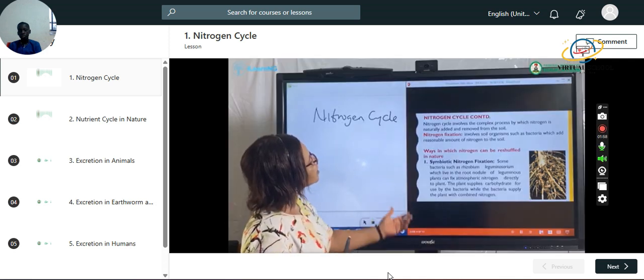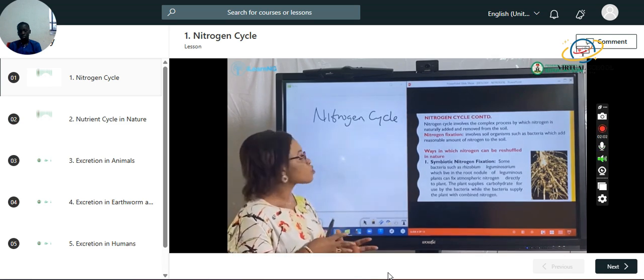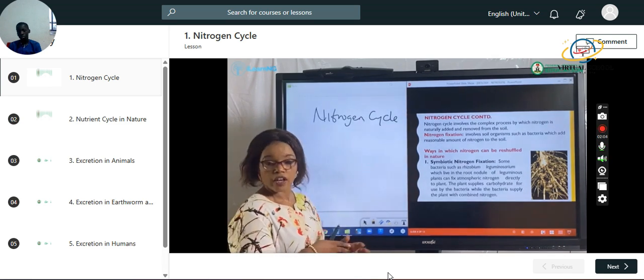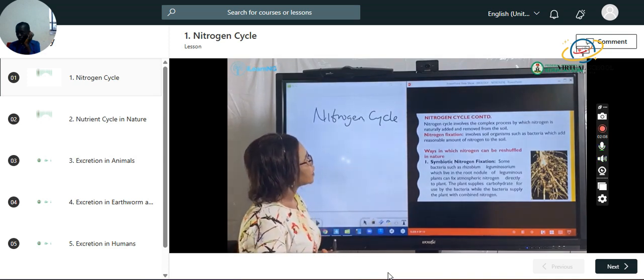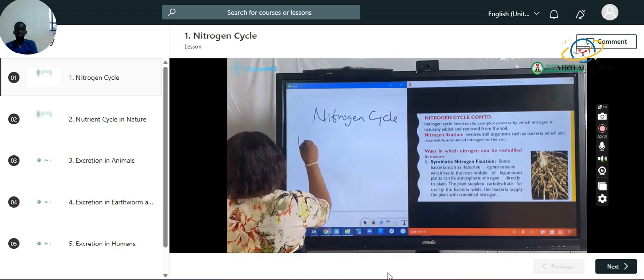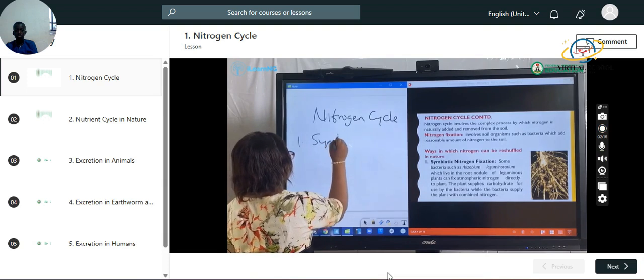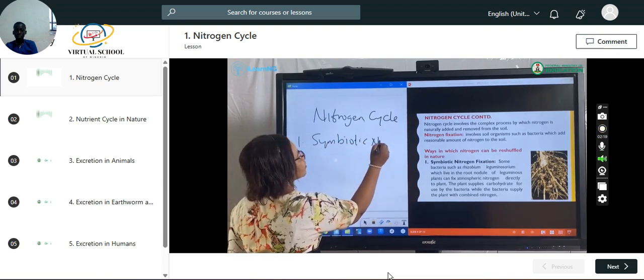Now let's look at ways in which this nitrogen can be reshuffled in nature, for us to know how it is fixed in the soil. Number one way is symbiotic nitrogen fixation.